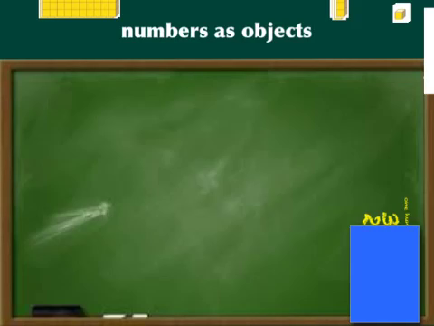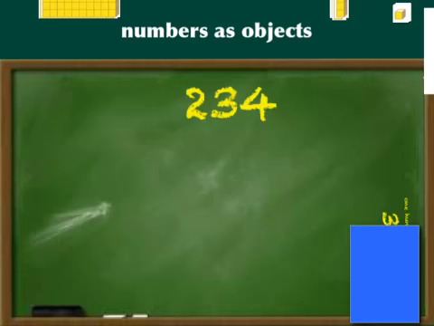Okay, so let's have a look at making some numbers as objects. I've got in my blue envelope here some numbers, and we're going to use our blocks to represent those numbers. Alright, first one. Okay, so looking at that number there, I can see that I've got 2 in the hundreds, 3 in the tens, and 4 in the ones.